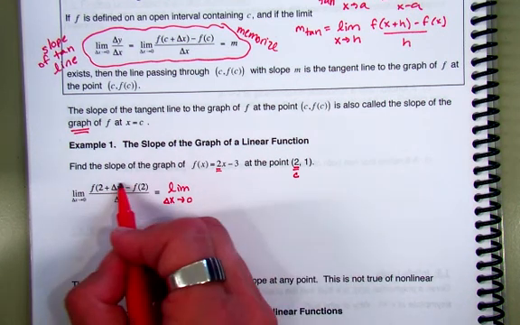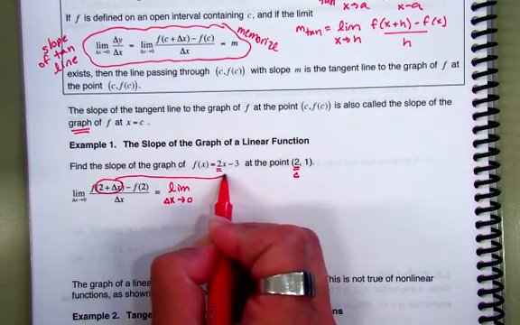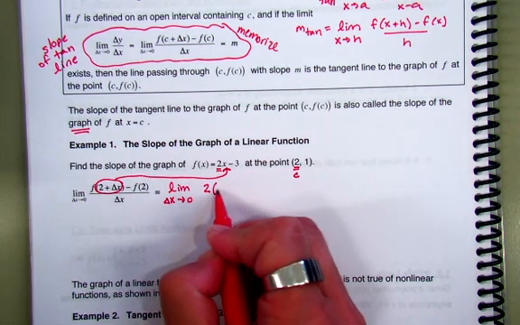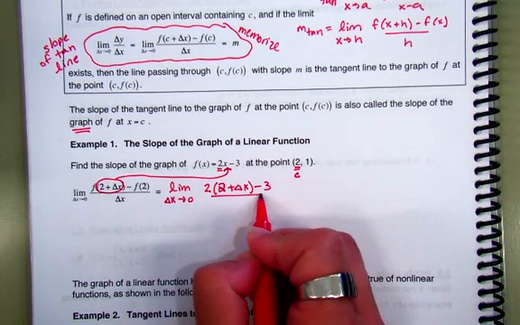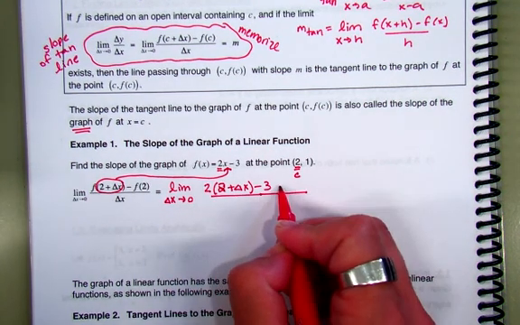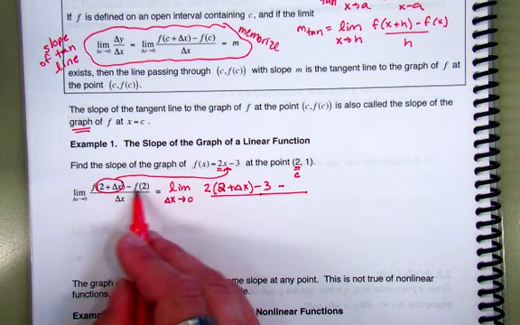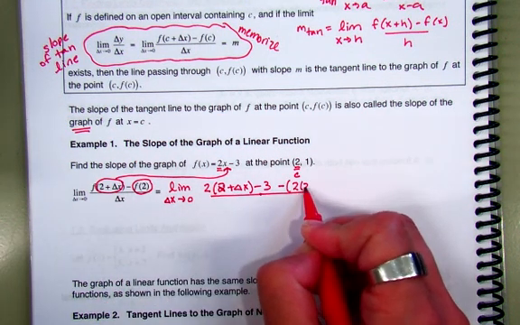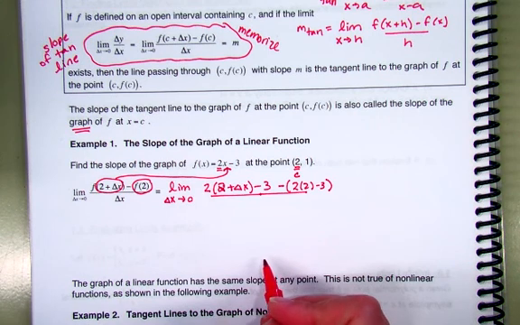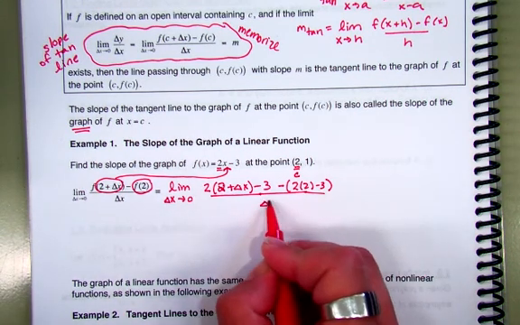I'm taking 2 plus delta x and plugging it in for x: 2 times 2 plus delta x minus 3. Then I'm subtracting off f of 2. What's f of 2? It's just 2 times 2 minus 3. And that whole thing is over delta x.